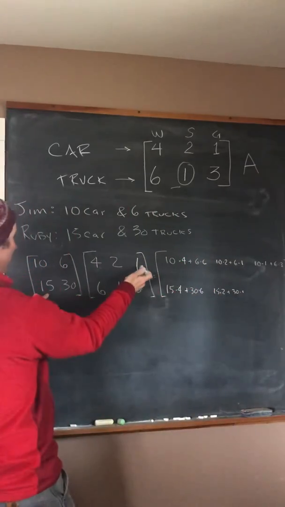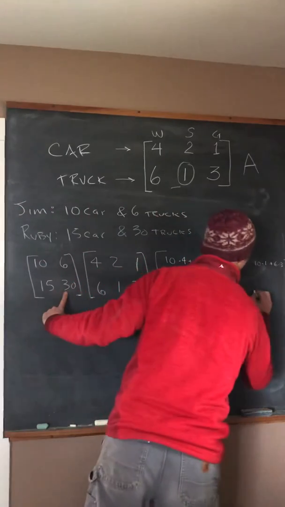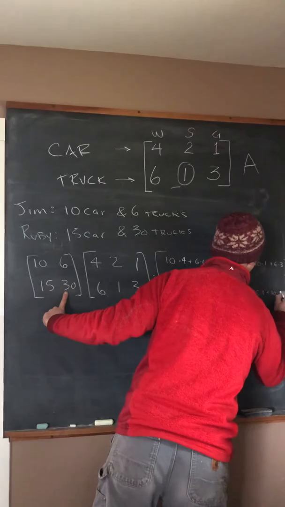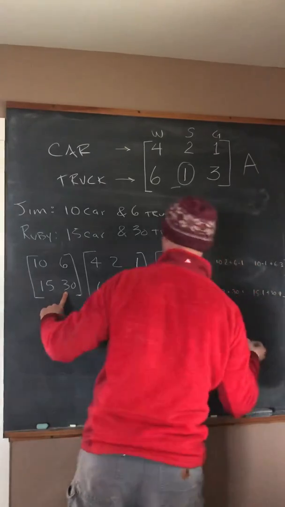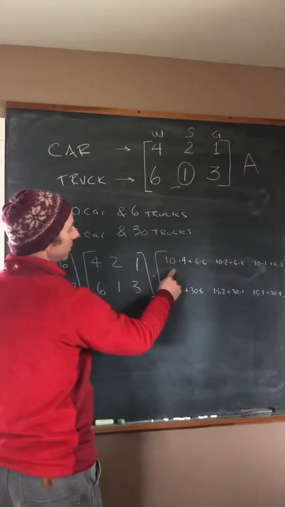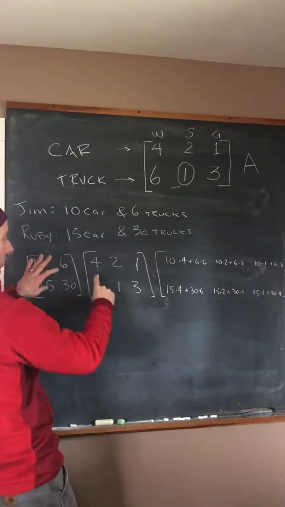And again, 15 times 1 plus 30 times 3. Okay. So we've multiplied them, and you add. Multiply, multiply, and you add those.